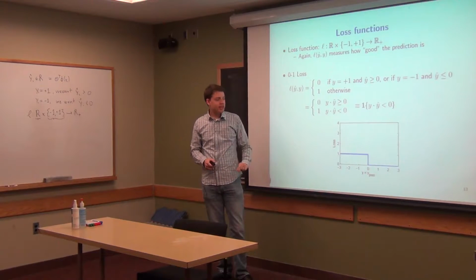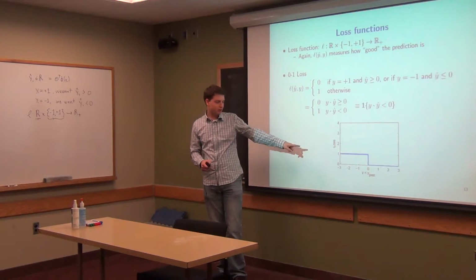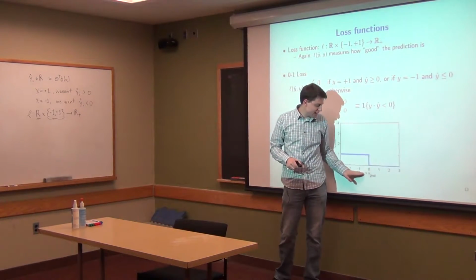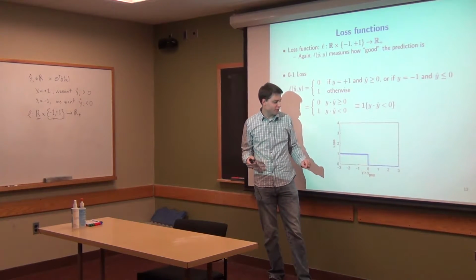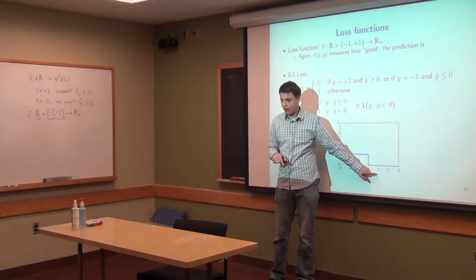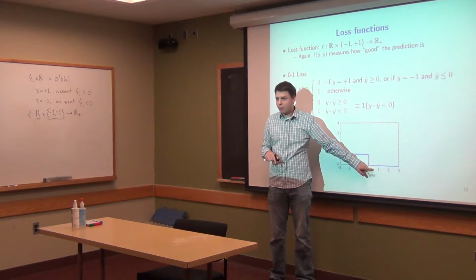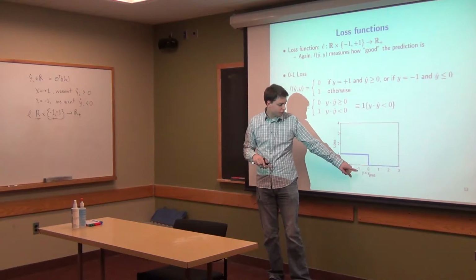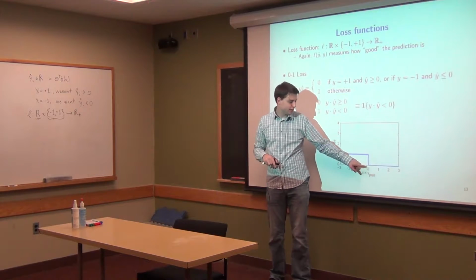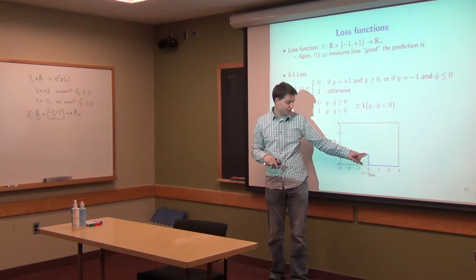An important way to think about this is in terms of a graph, right? So if we graph now, as we did with regression, where we usually graphed the difference between y and y predicted, here I'm going to graph the product of the true output times the prediction. If this product is negative, we suffer loss 1.